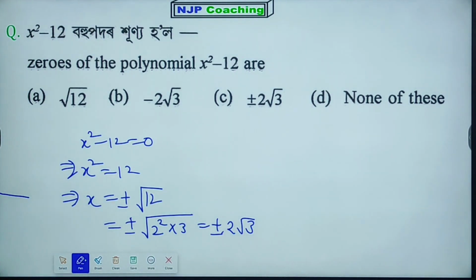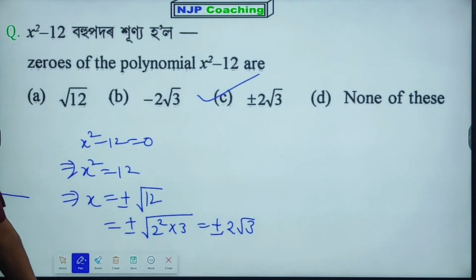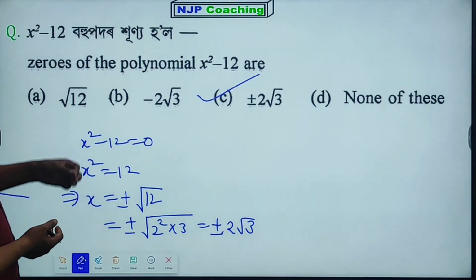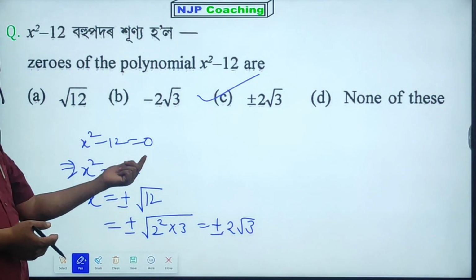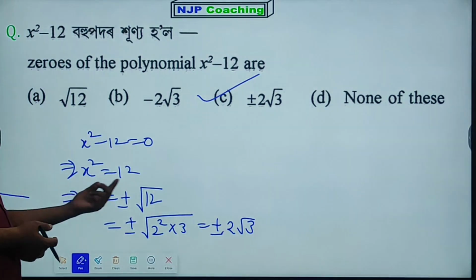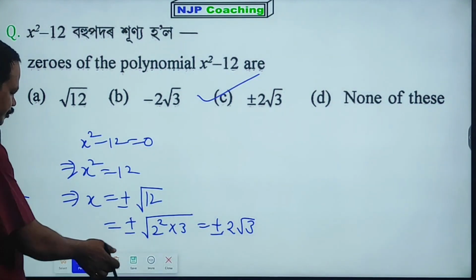So where is plus minus 2 root 3? This one. 2 zeros are there. One is plus 2 root 3, one is minus 2 root 3. So if you have to find the zeros of a polynomial, then set the polynomial value equal to 0, then find the value of x. That is the answer.